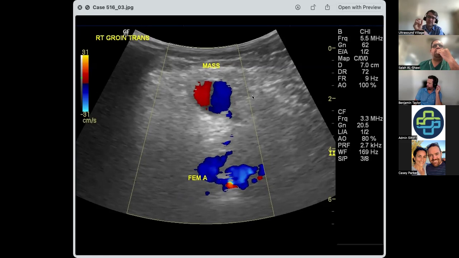But you can imagine if something had a really broad neck or a short neck, that makes it more difficult, because the standard treatment was to put a little bit of thrombin in. But if you put too much thrombin in, it's not only going to thrombose the pseudoaneurysm, it runs the risk of thrombosing the artery and giving you an ischemic limb.